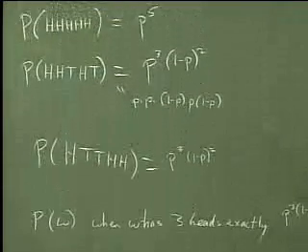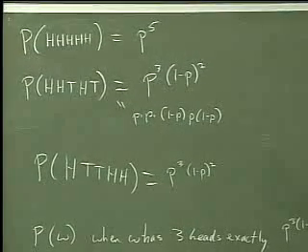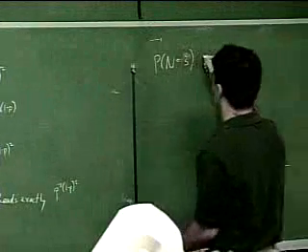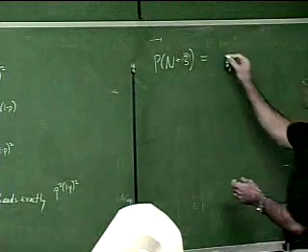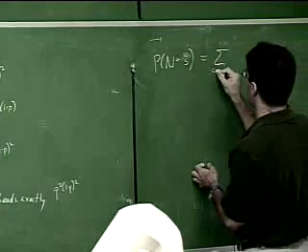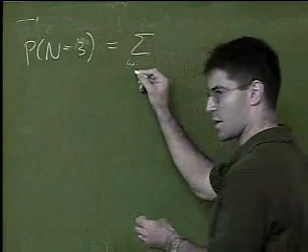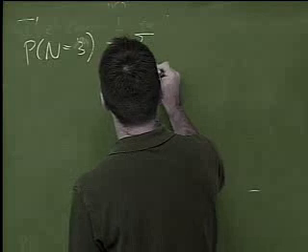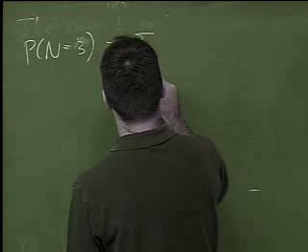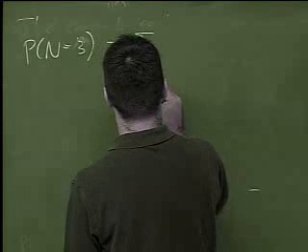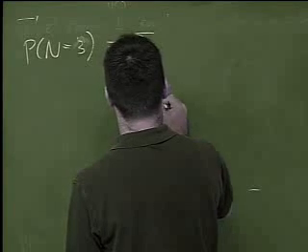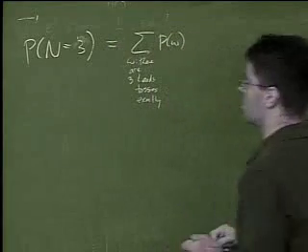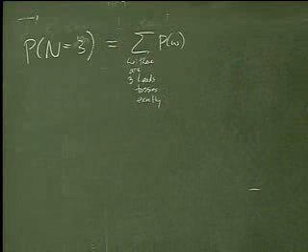And the probability that n equals 3 is the sum over omega where there are exactly 3 heads tosses of P of omega, right?